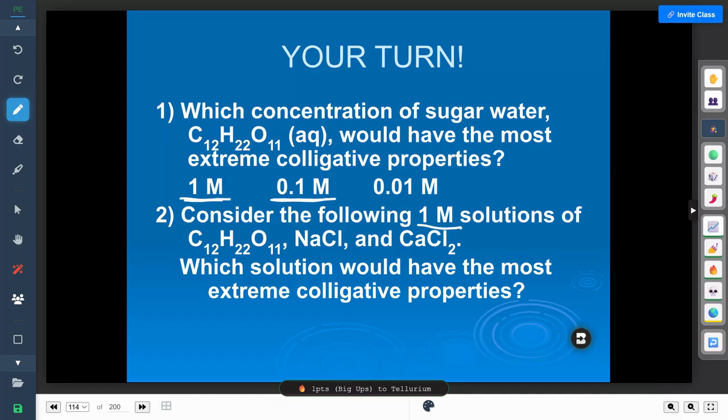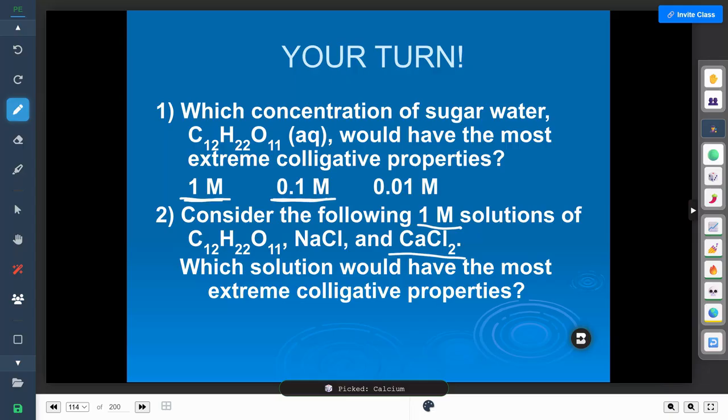Good. And I'm going to just do somebody by random. Calcium. Going to work our way to the other side of the room real quick. All right. What do you think? Calcium chloride. Because? For 1 mole of solute, there's going to be 3 particles for it.